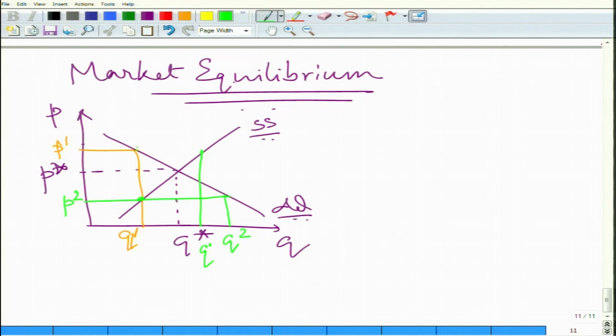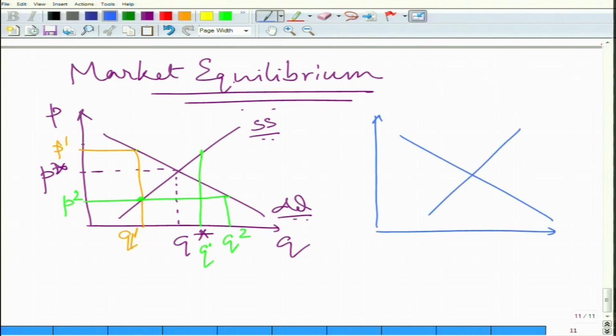At this point where supply is higher than the demand, in a higher price only it is possible.